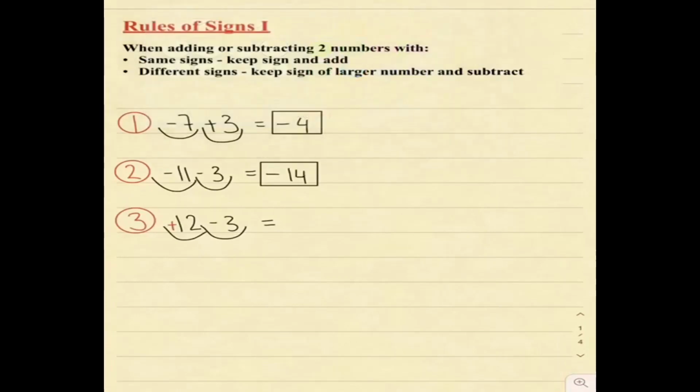So I'm going to put that plus in front of the 12, and now we have a +12 and -3. That means I have two numbers with different signs. I keep the sign of the larger number. If I look at those two numbers, 12 and 3, I realize that 12 is bigger than 3, so I'm going to keep the sign of 12, which is plus, and I'm going to subtract 12 minus 3, which is 9. So the answer is +9 or just 9.